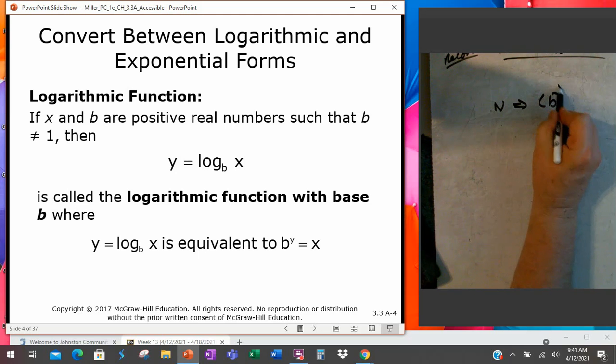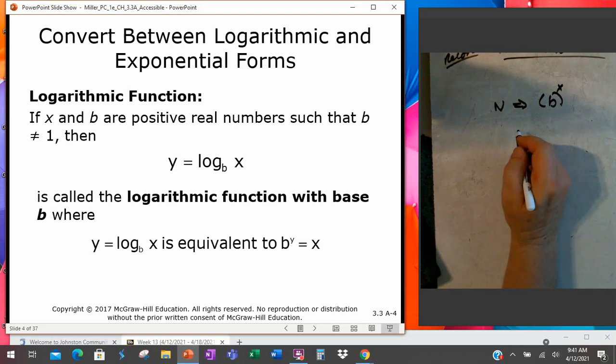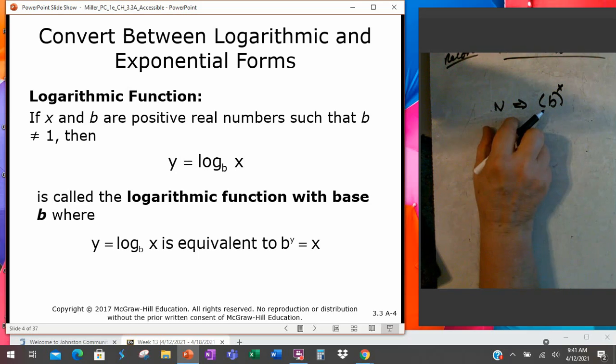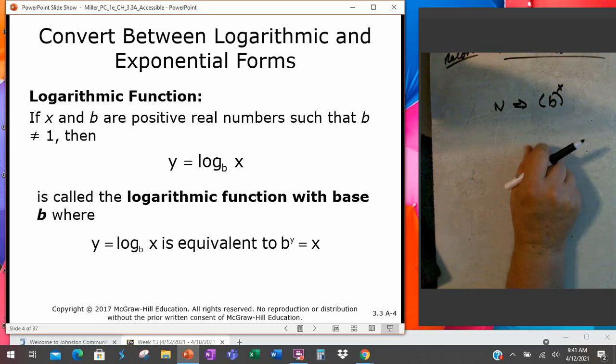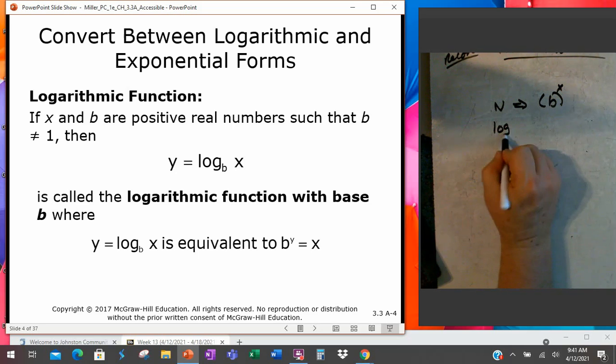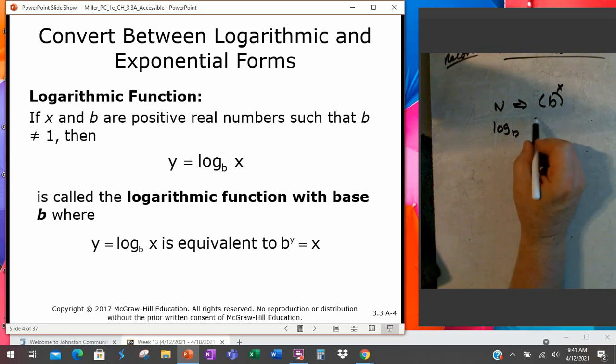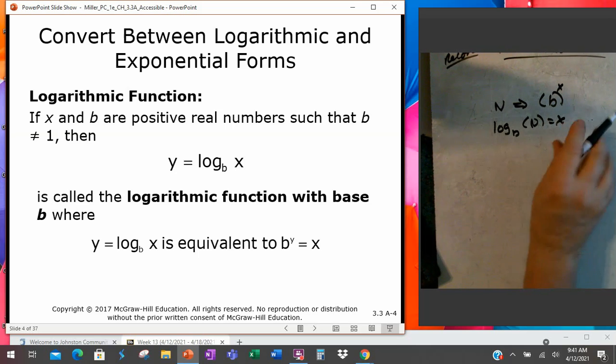I want to represent n as a power of b, the base. What would that power be? The log base b of n is equal to that x. That's what these two equivalent forms are saying.